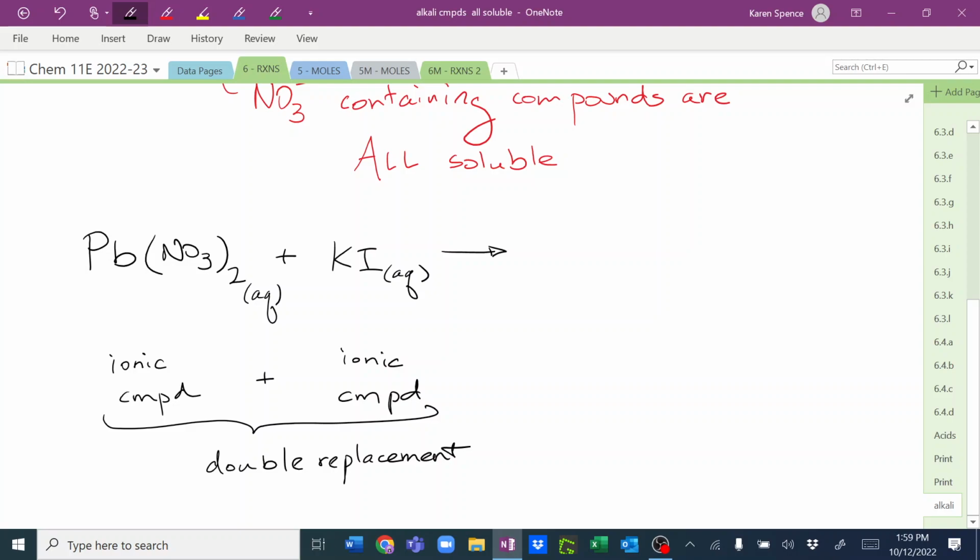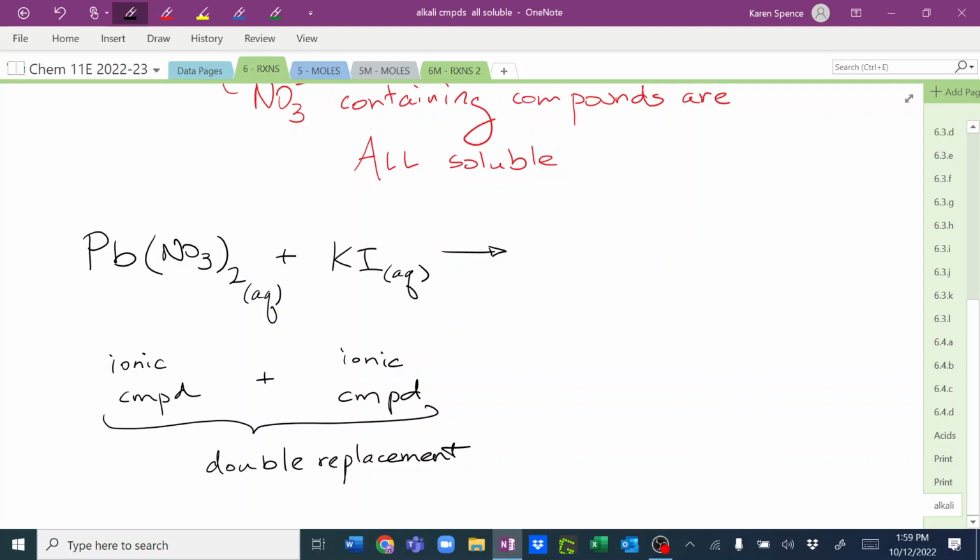How do you predict the products of a double replacement reaction? You switch around the metals or the non-metals.